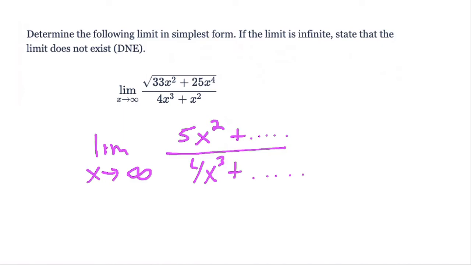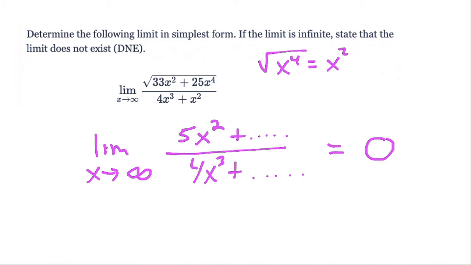Here's a case where x to the fourth is equal to x squared. Okay? So if you look at this, the power on the top is smaller than the power on the bottom. Go back up to the beginning of the notes. When the limit is going to infinity, that means this one is going to be 0 because the power on the bottom is bigger than the power on the top.